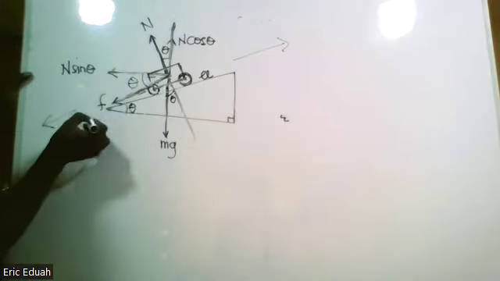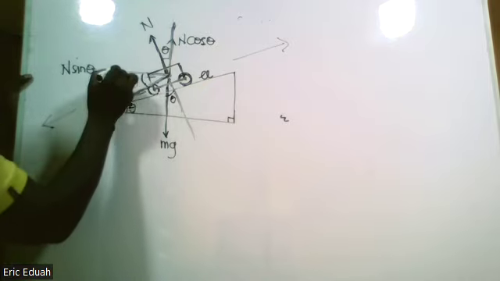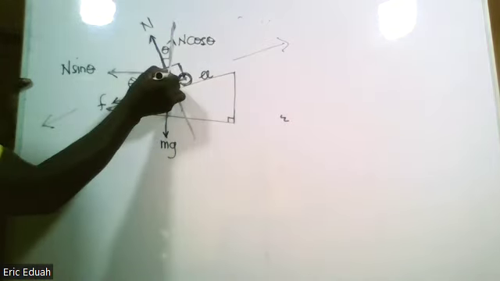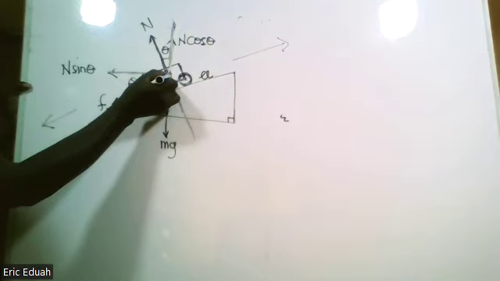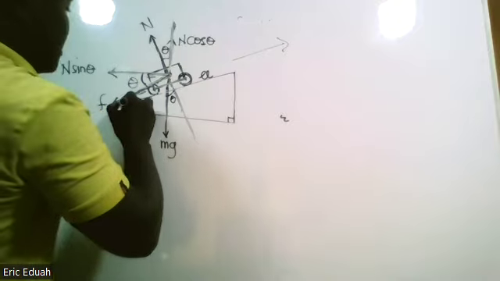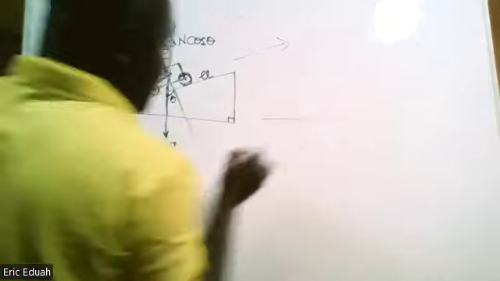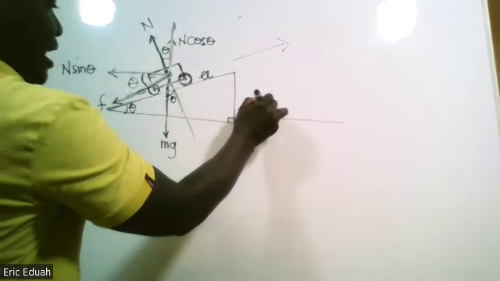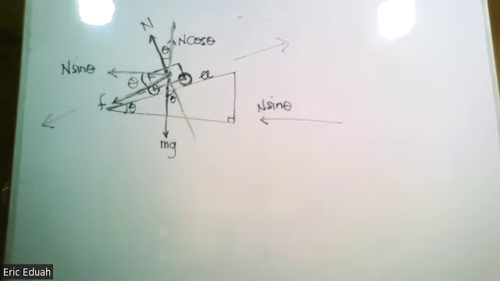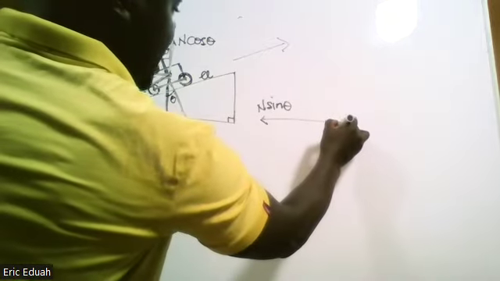So, because it's along the road surface, it also acts at an angle to this one. This component is supposed to be perpendicular to this one, but we see the frictional force tilting at an angle according to the angle of bend. So we have a situation of, maybe, the reference line on which we have N cos theta, N sine theta, and the frictional force tilted at this angle.